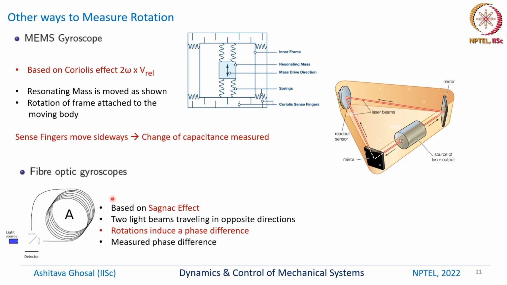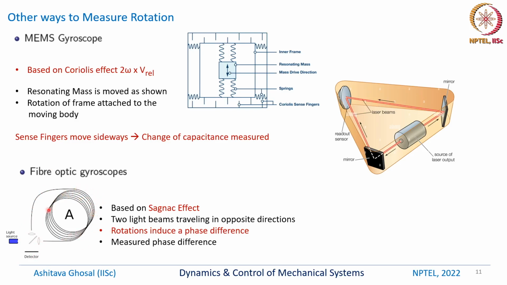There is another very well-known way of measuring angular velocity and orientation. This is called the fiber optic gyroscope. So basically what you have is a small optical fiber in which you send light, and this goes round and round and comes out into a detector.